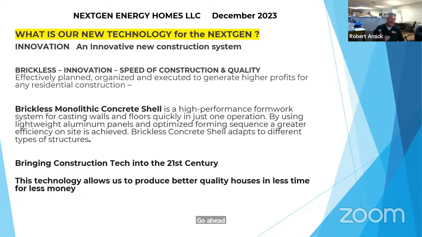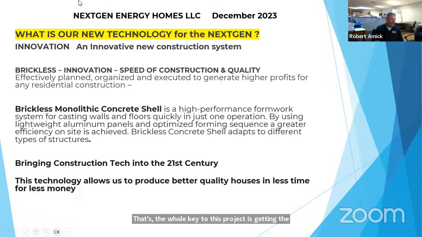Yeah. Basically, as Gunther has said, we've said multiple times about the speed of the construction. Of course, that's the whole key to this project: getting the products out, getting the subcontractors. It's key to have them on hand, as well as the materials, and having everything pre-bought and pre-planned, to be able to go.